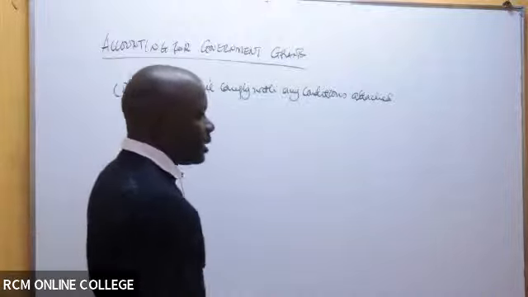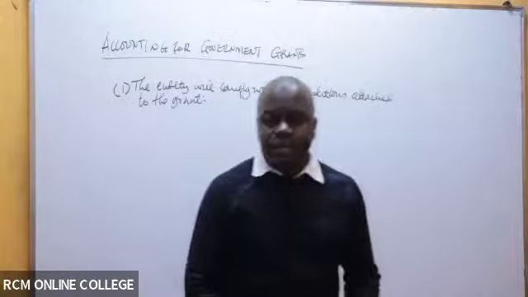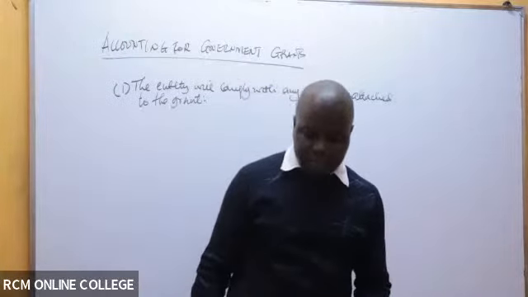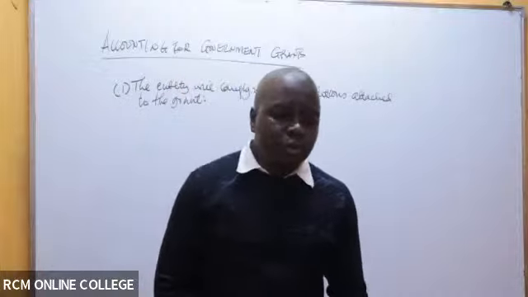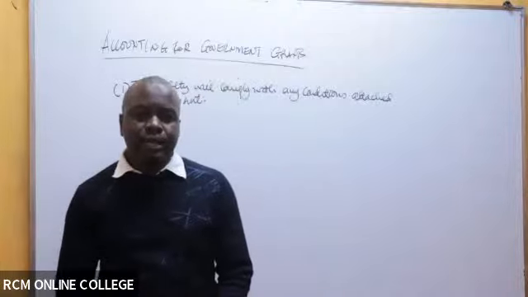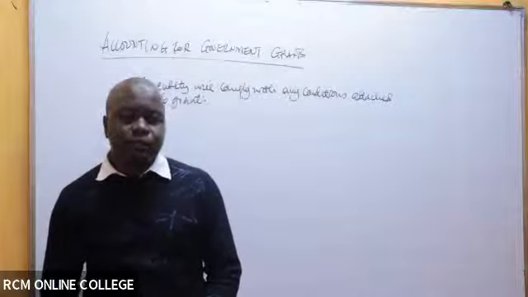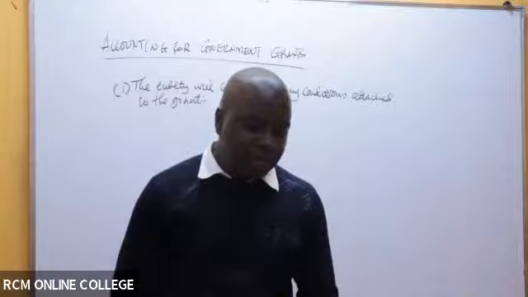So maybe the grant is given on the condition that they will be able to provide the expenditure of that grant. Or the grant is given on the condition that it will only go to, for example, if it's a school, fund the vulnerable in society. So this condition must be fulfilled before we can say they can now recognize it in their books of accounts.